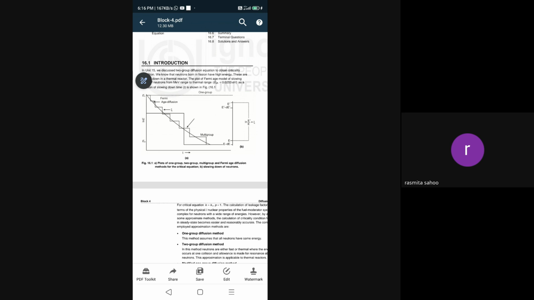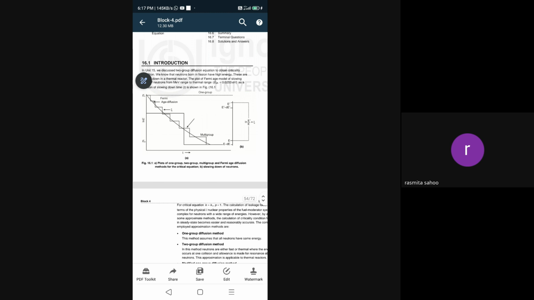You can see that Fermi age diffusion has a decreasing trend, whereas multi-group has a step function form. One group is shown in the figure as well as two group and multi group.